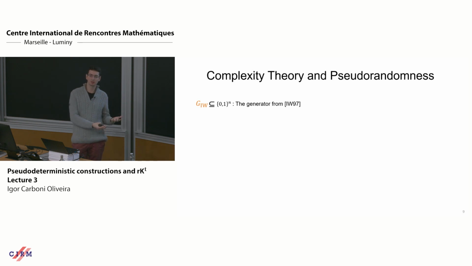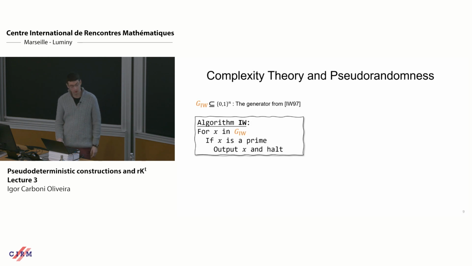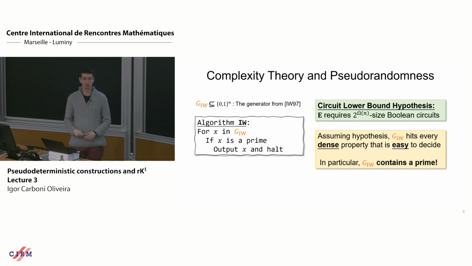If we had a set of strings that behave like a truly uniform random string, then we should also be able to find a prime inside the set. The advantage is that the set might be much smaller and it might be easier to just enumerate the elements in the set. So if we had such a pseudorandom set, we could enumerate everything there and check if one is prime.